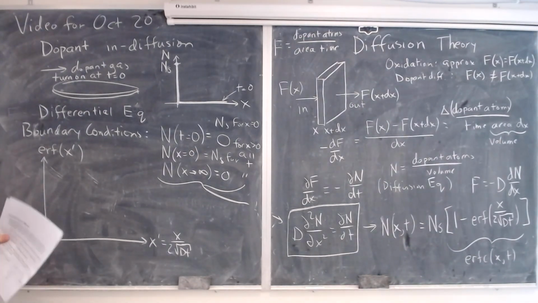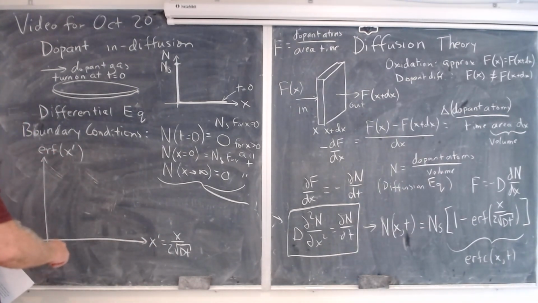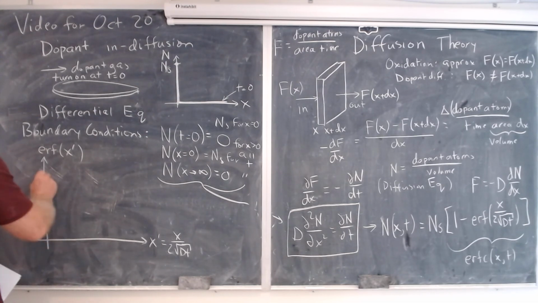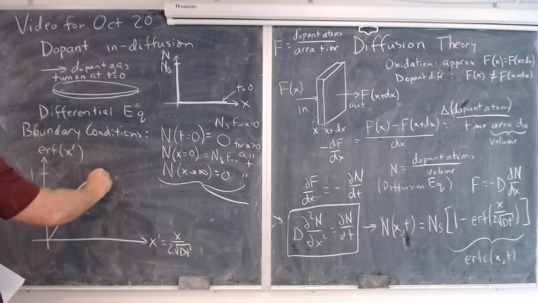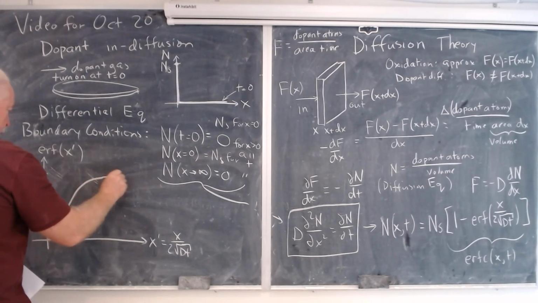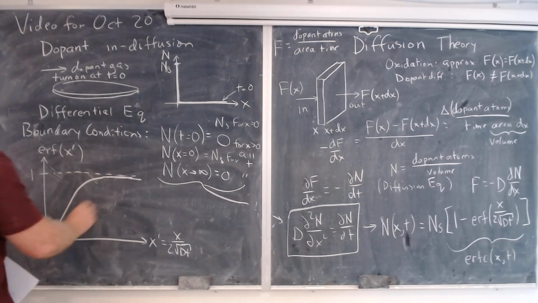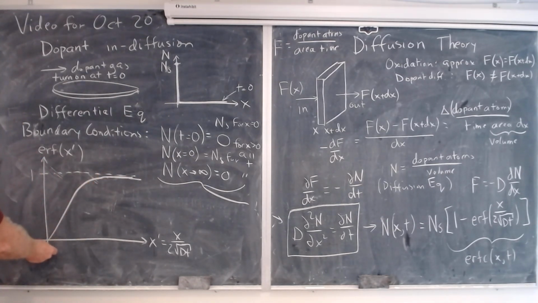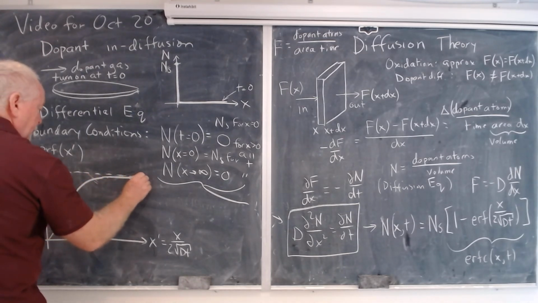Okay, we'll just do that. We'll fix this up in a little bit. It looks like this. So it starts from 0, and it goes up kind of linearly, and then it curves over, and then it asymptotes to 1.